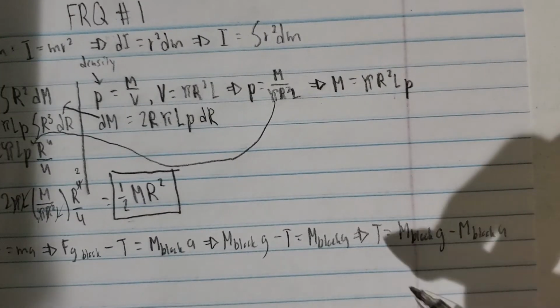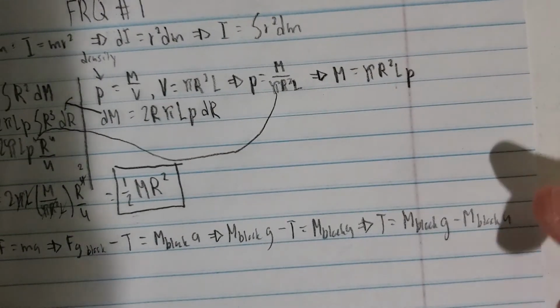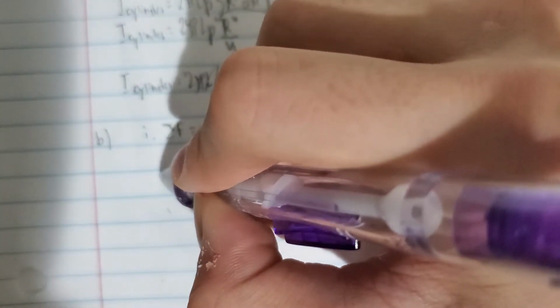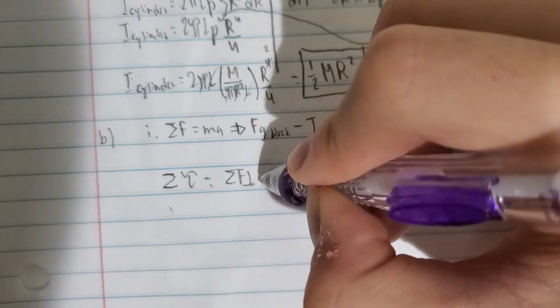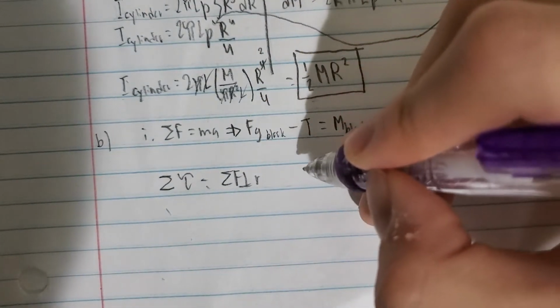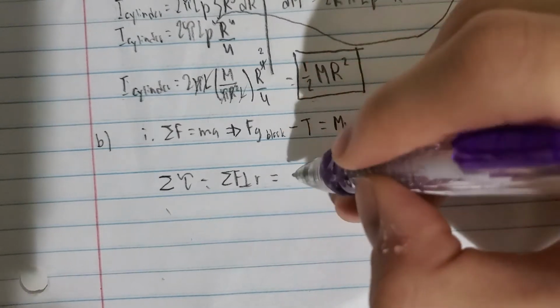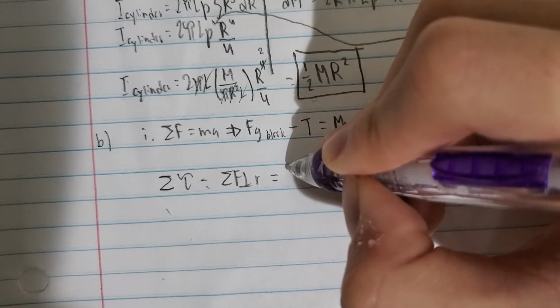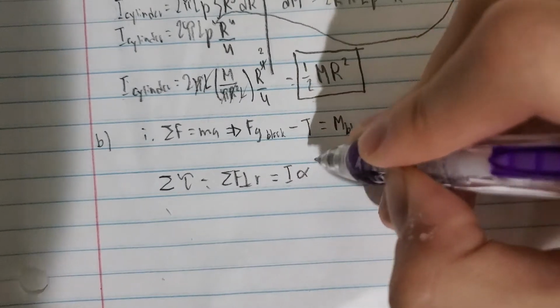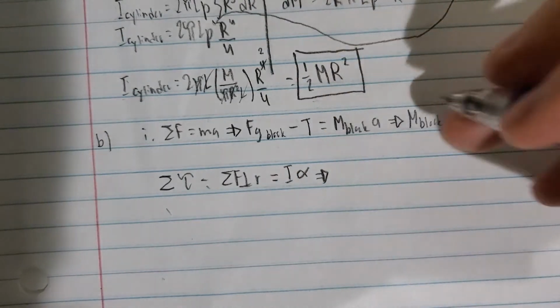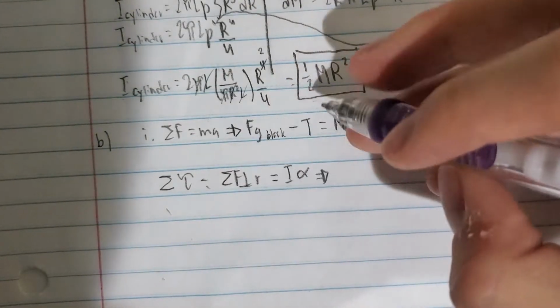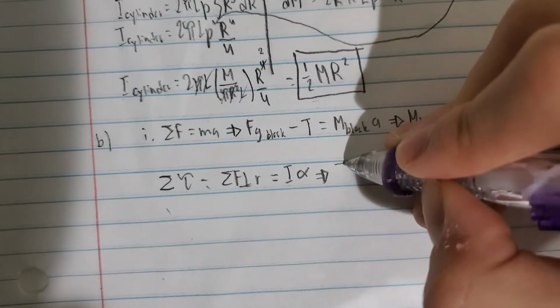So now that I've defined T, I can use torque to help me find acceleration. The equation for net torque is the total force that is perpendicular to the moment arm times the moment arm. And another equation for total torque is moment of inertia times alpha. Now in this problem, the total force that's perpendicular to the moment arm is tension.